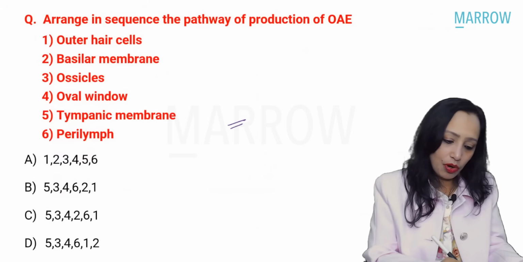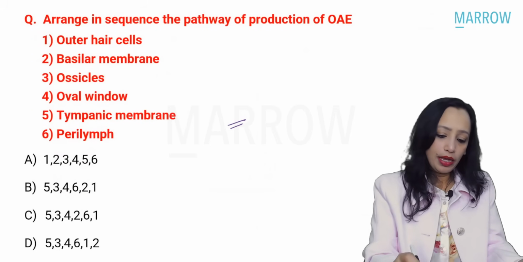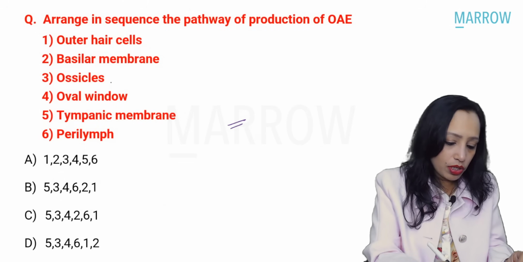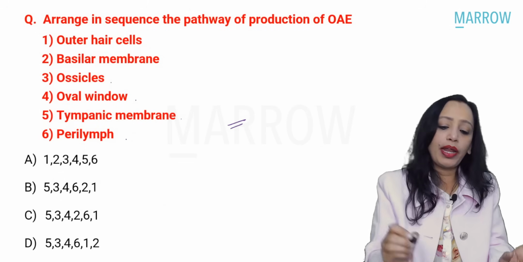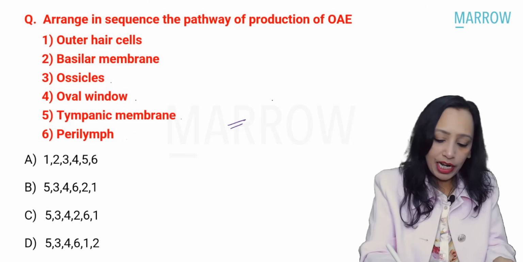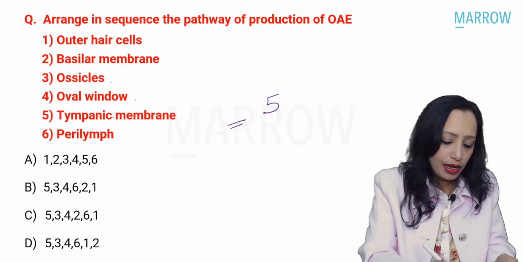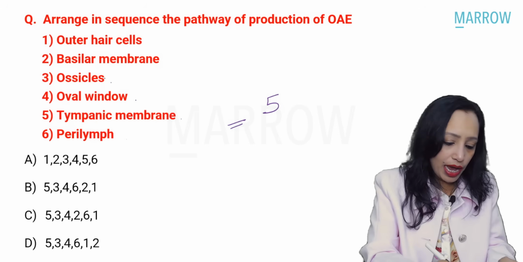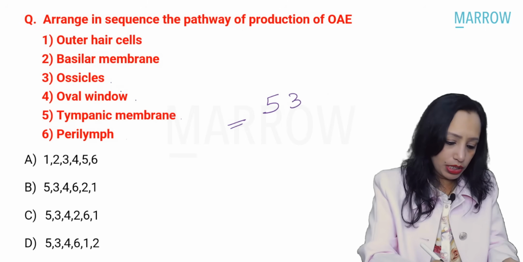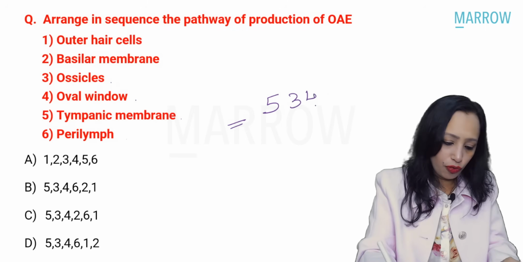So now let us see what the choices here are. We know the pathway. It is outer hair cells, basilar membrane, ossicles, oval window, tympanic membrane, perilymph. Now let us arrange. First will be the tympanic membrane, so 5. Next, from the tympanic membrane, what do we have? Middle ear, we have ossicles, so 3. And then from the ossicles, the oval window, that is 4.